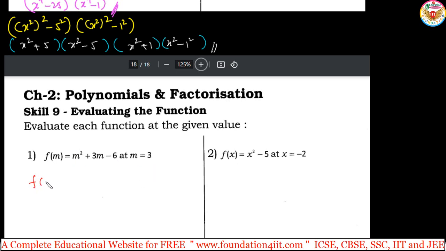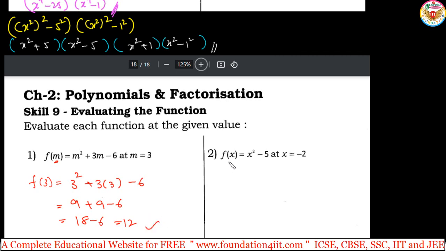So f of 3: wherever m is there, you substitute 3. That means m square becomes 3 power 2, plus 3 into 3, minus 6. Wherever the letter m is there, you substitute the value. This is 9 plus 9 minus 6, 18 minus 6. So 12 is the value.